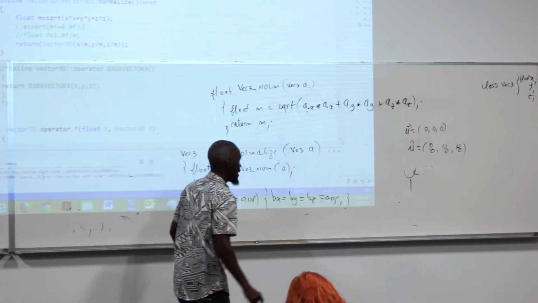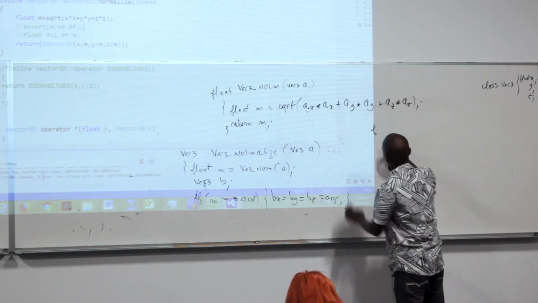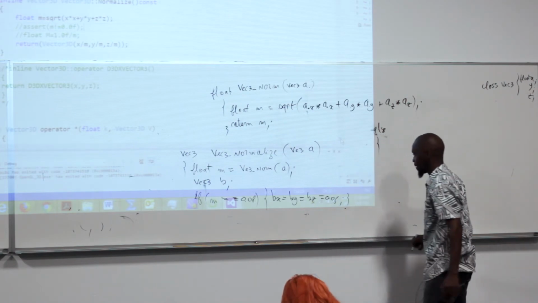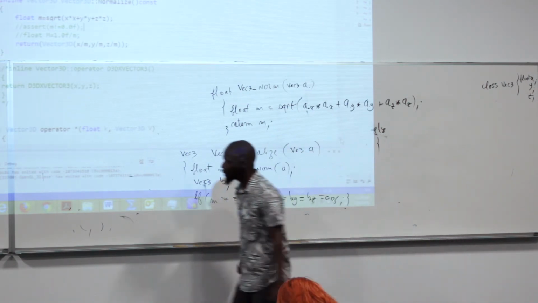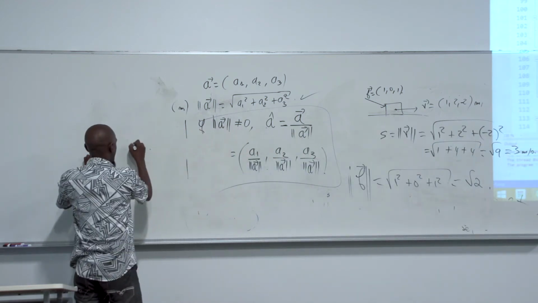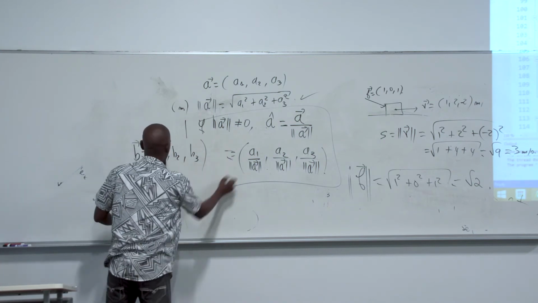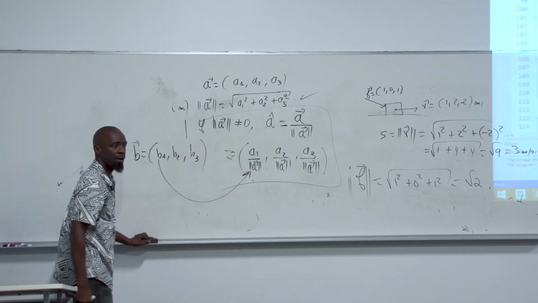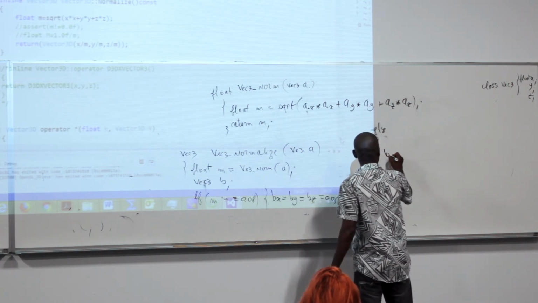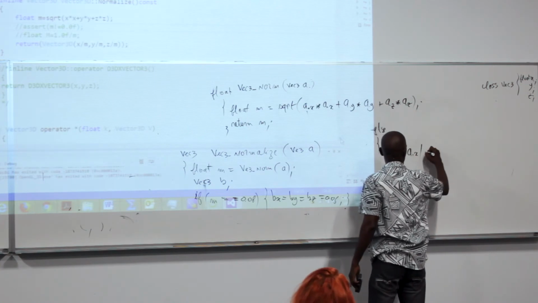Now, if M is not 0, else, in this case, since I'm returning B, which has components B1, B2, B3, my B1, that is B.x, is A1, that is A.x, divided by M.